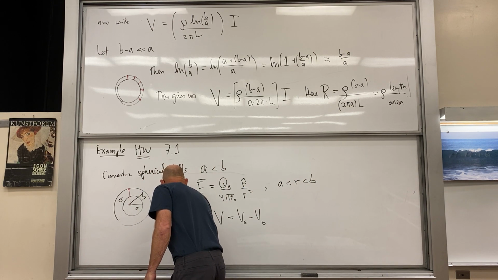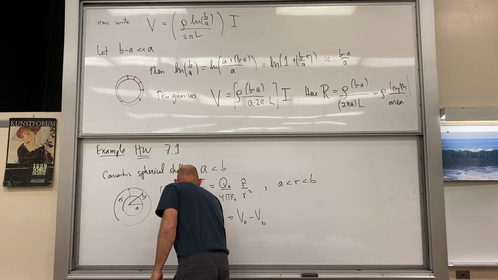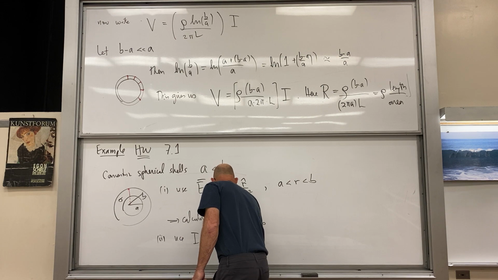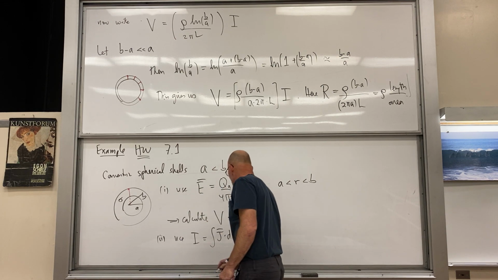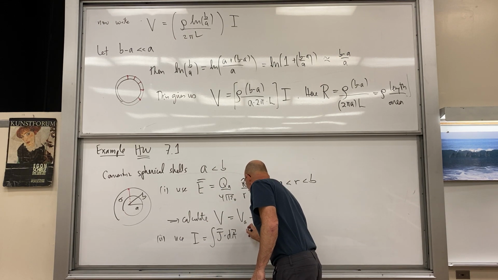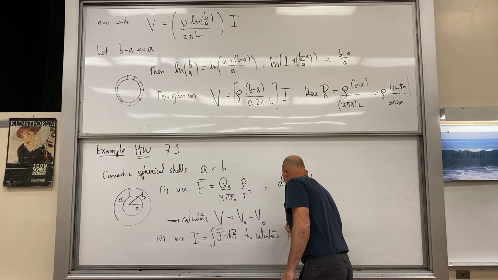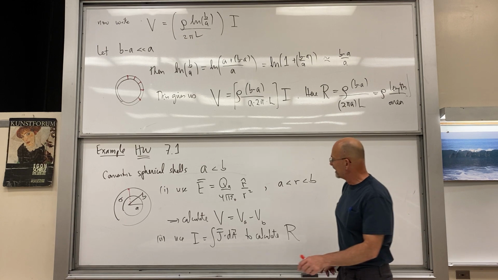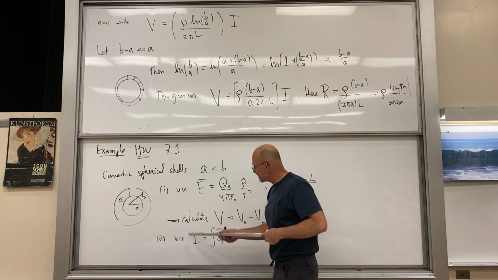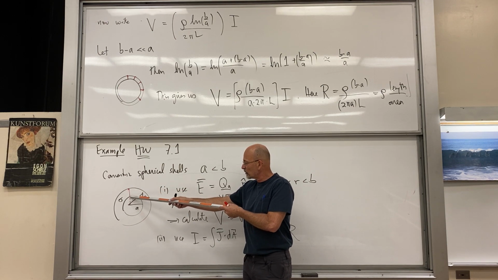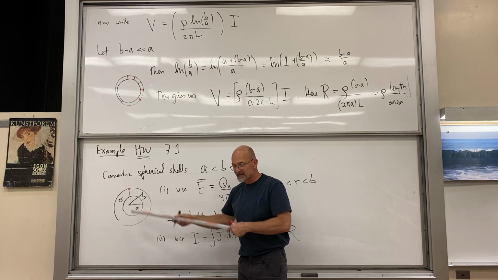Again, use I equals the integral of J dot dA to calculate R. Same thing we did, and by symmetry we know the current's going to be just radial, like that red arrow, around the entire thing as well.